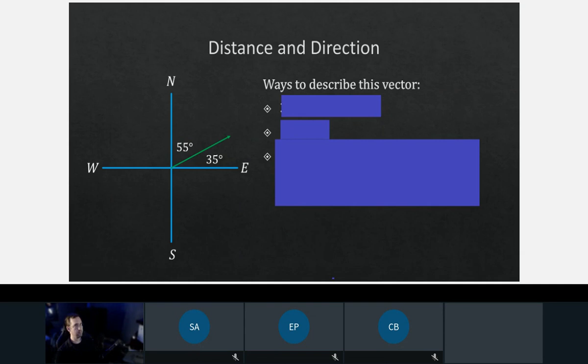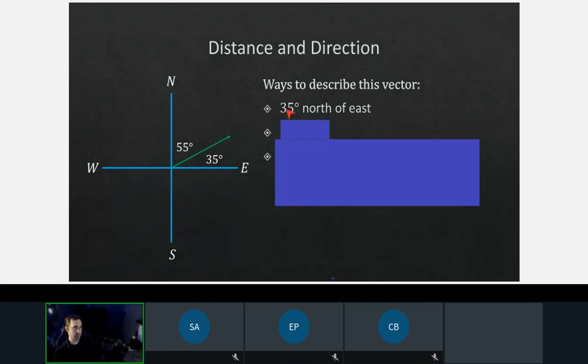All right, the first way to describe this vector. Because this vector is going up and to the right, it's going north and it's going east, we say that we are 35 degrees north, that direction first, of east.